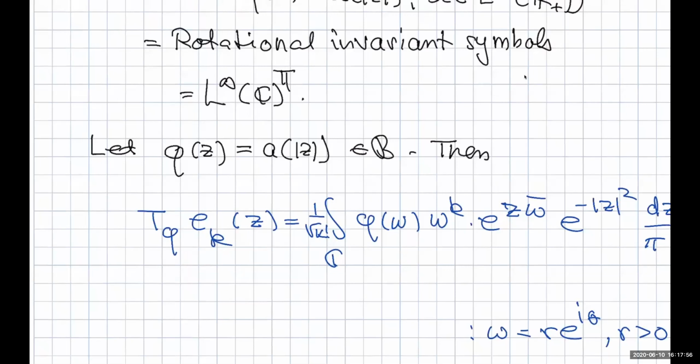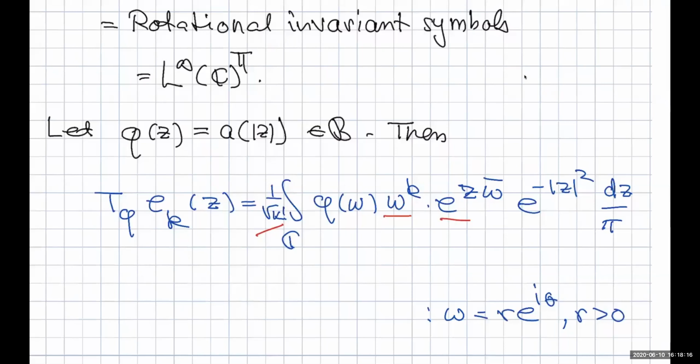Okay, and now you look at what this operator is doing to the basis, and you write it down. The basis is just w to the k, and you have to divide by the square root of k factorial, and then you integrate that against the reproducing kernel, and this is the measure.